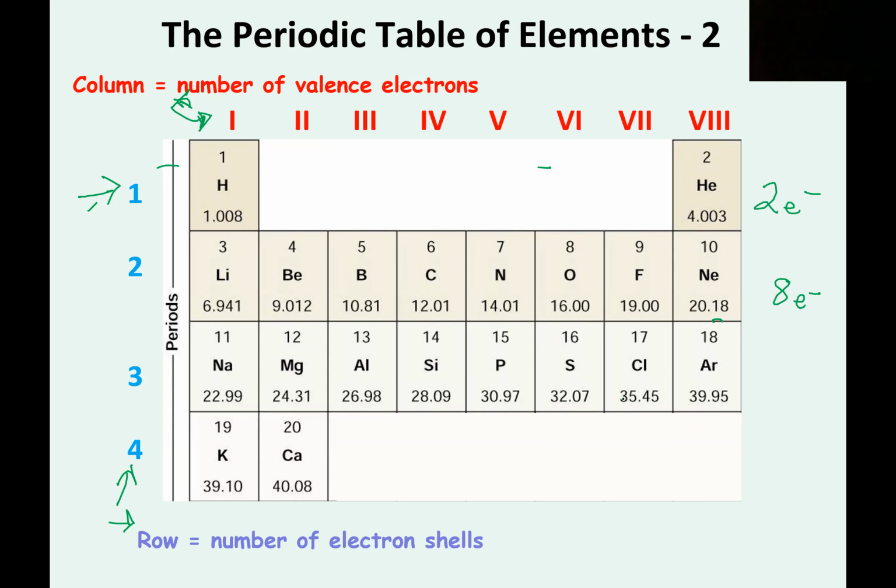If it has 4 shells, like down here, then it will have 2 electrons in the first shell, 8 in the second, 8 in the third, and then whatever column it's in. So the number of boxes filled in with elements tells you how many electrons are in that shell when it's full, or stable is the term that we use.